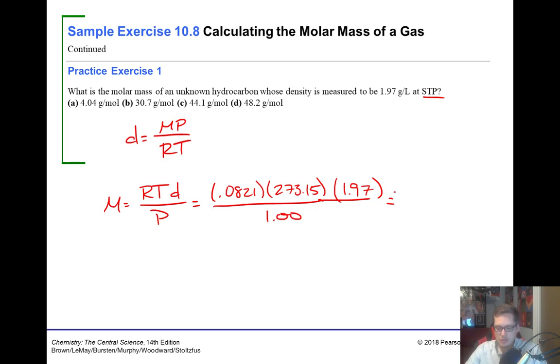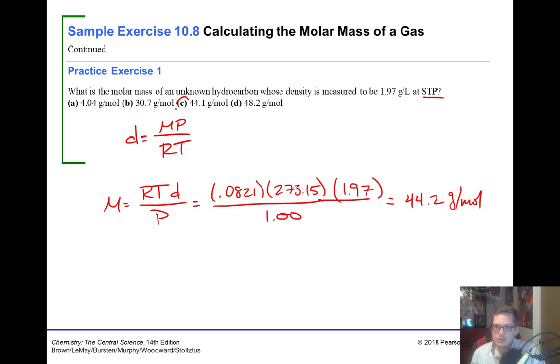So we'll take 0.0821 times 273.15 times 1.97, and we get 44.17846. Okay. How many sig figs do we want here? We want 3 sig figs, so it becomes 44.2. And for molar mass it would be grams per mole.